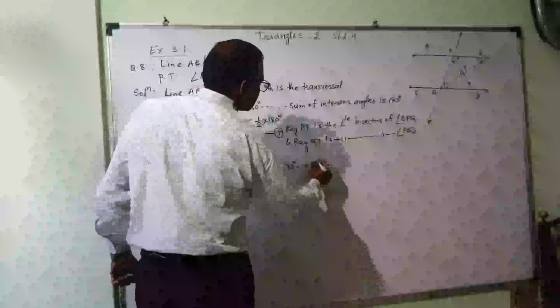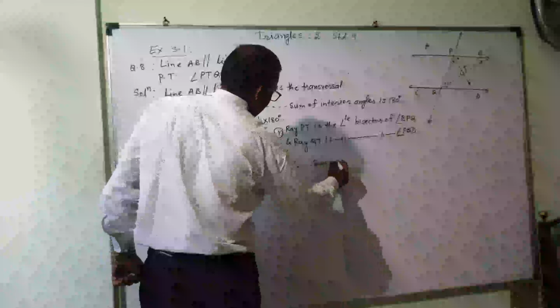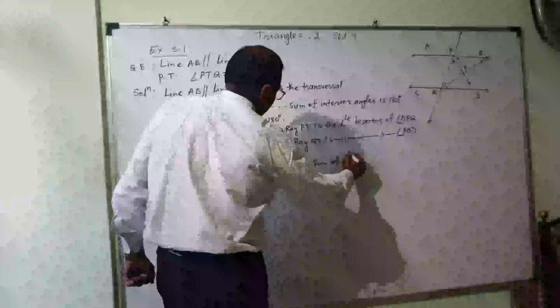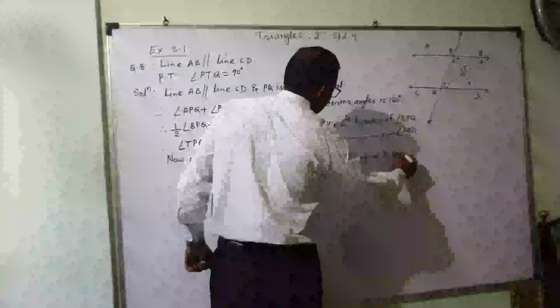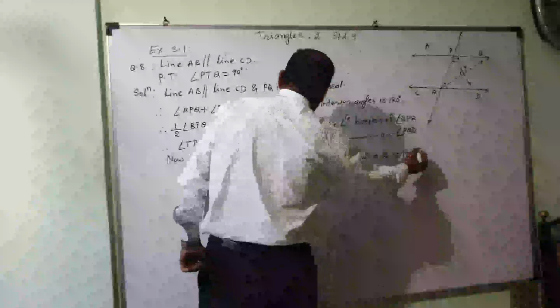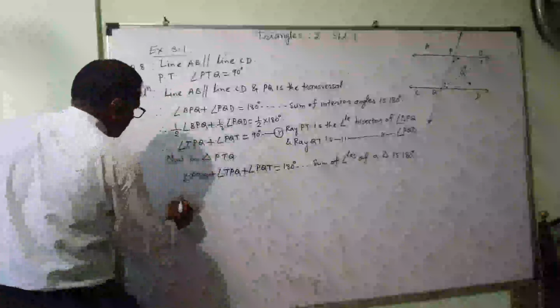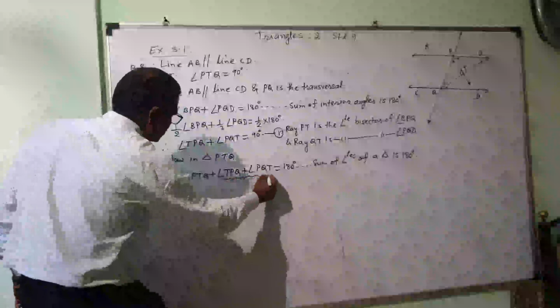Reason? Sum of angles of a triangle is 180 degree. This is the reason. But the sum of these two is how much?